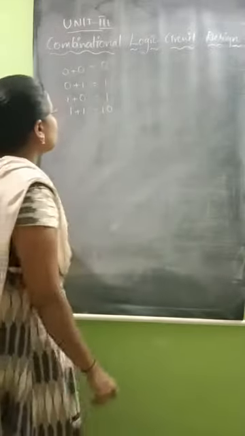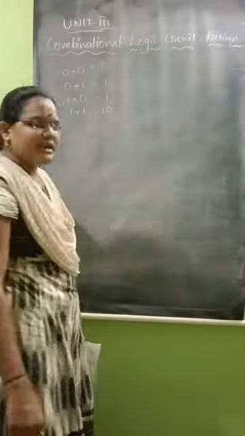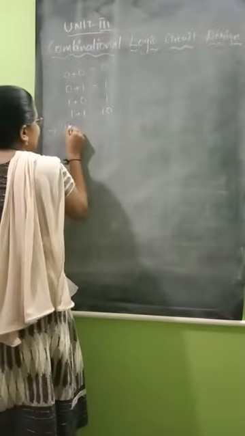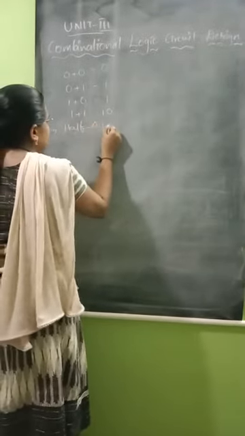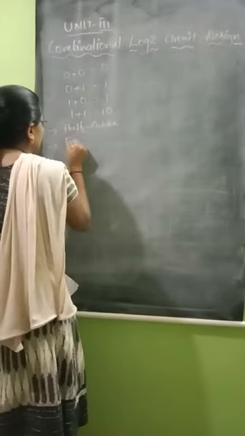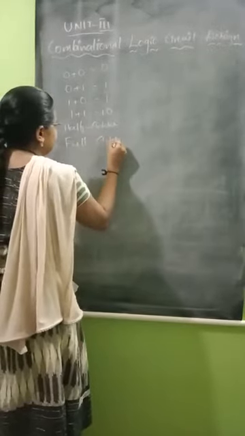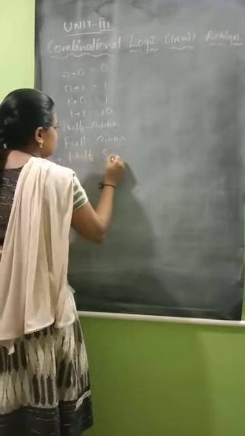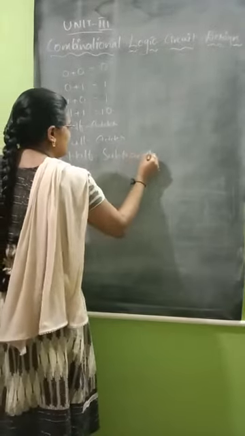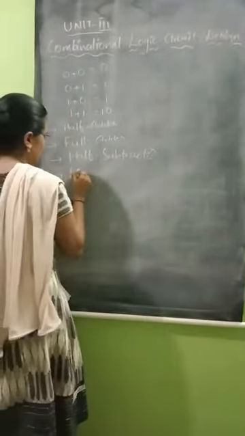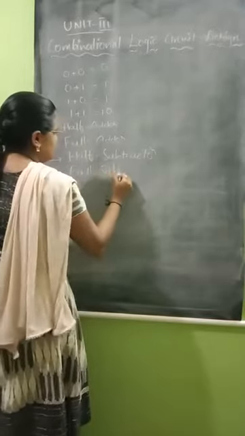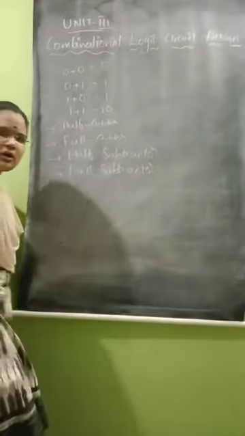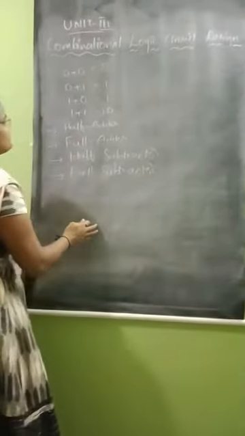So in combinational circuits, we have the half adder, full adder, half subtractor and full subtractor. These four are the combinational logic circuit designs.